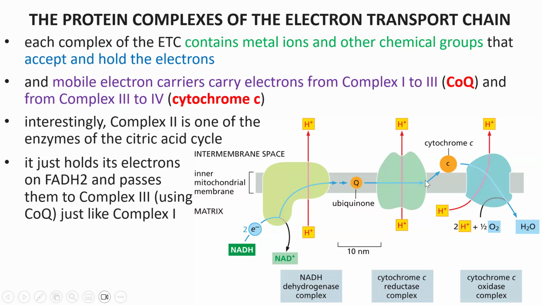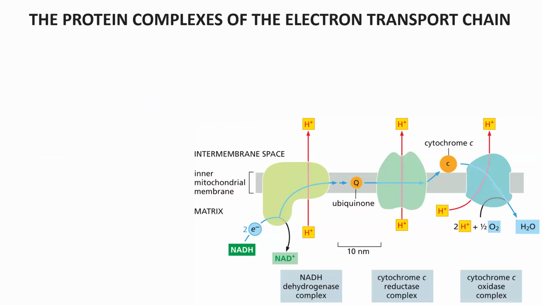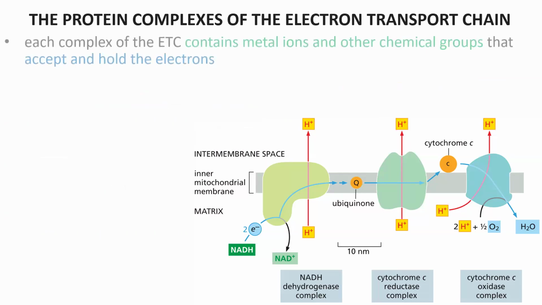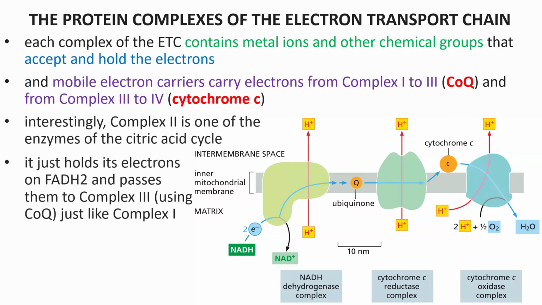When the electrons reach the end of complex 3, they're going to be used to reduce cytochrome C. Remember complex 3's name, cytochrome C reductase, because complex 3 passes its electrons to cytochrome C. Cytochrome C is the mobile shuttle. It's going to bring those electrons to complex 4, whose other name is cytochrome C oxidase.